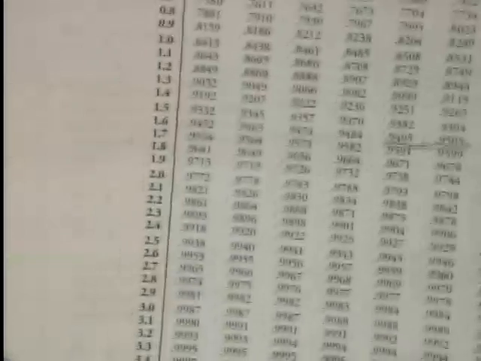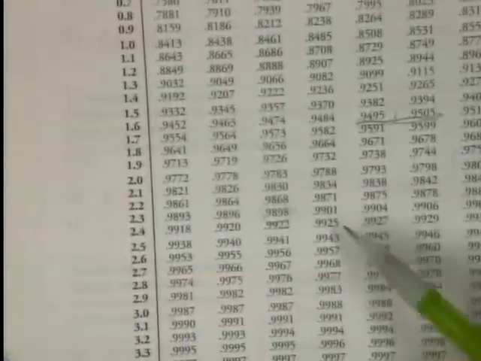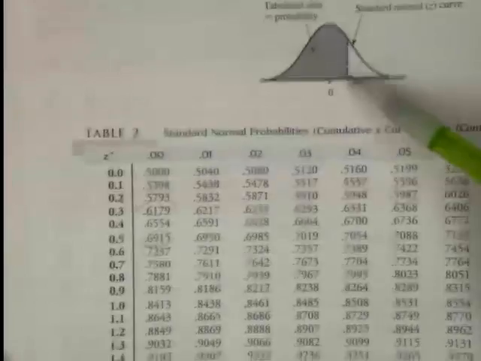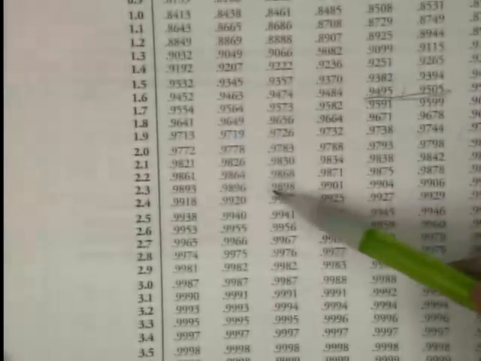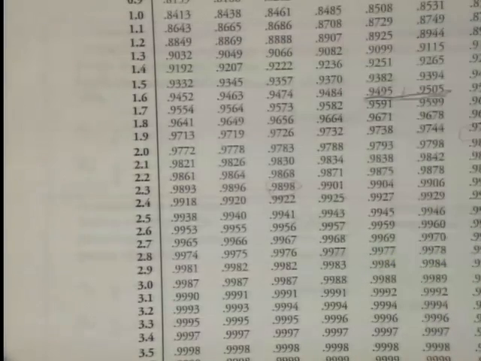So we have 2.3 and 2, 2.32. That's a cumulative distribution. Up to here is 2.32, and the cumulative area is 0.9898. So its tail area is what? 1 subtract this, right? So it's 0.0102.